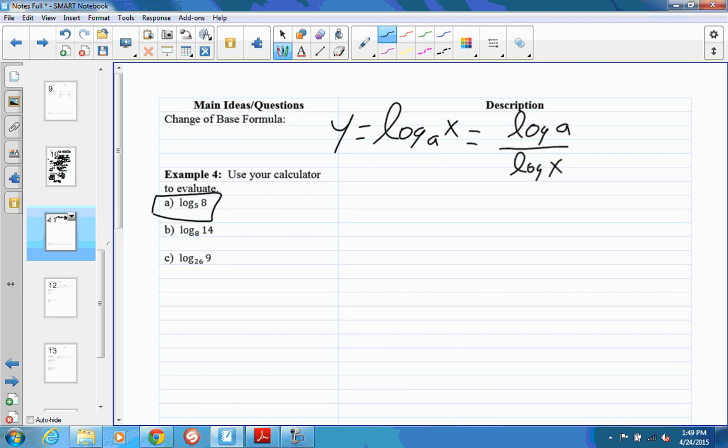So some genius along the way said you can figure out any log by using the change of base formula. That's just on the same line. That's just log of a number. It looks like this: log base 5 of 8. So in our calculators, everybody get them out.